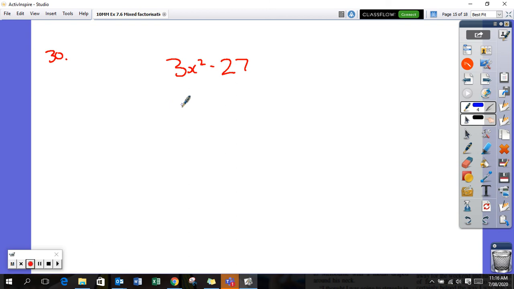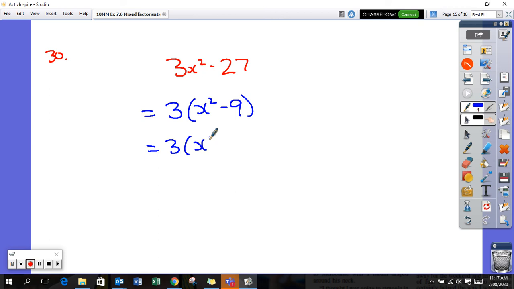Okay. Question 30. 3x squared minus 27. Okay, this is masked a little bit. You can't actually see what to do because we're going to do a difference of two squares, but you can't see the squares because 27 is not a squared number. So what we're going to do, 3 goes into both of these, so we're going to take the 3 out first. And then we're left with x squared minus 9, because 3 times 9 is 27. 9 is a squared number.